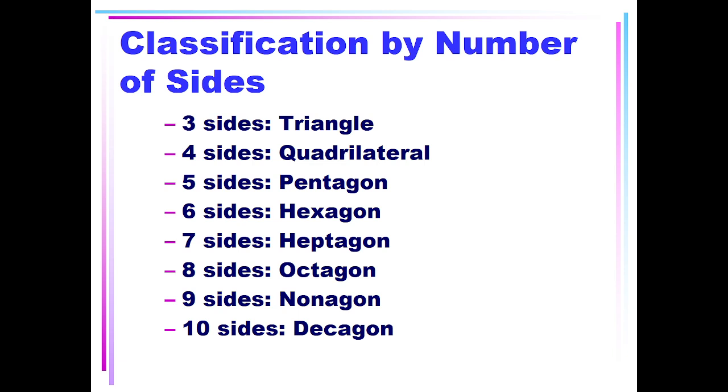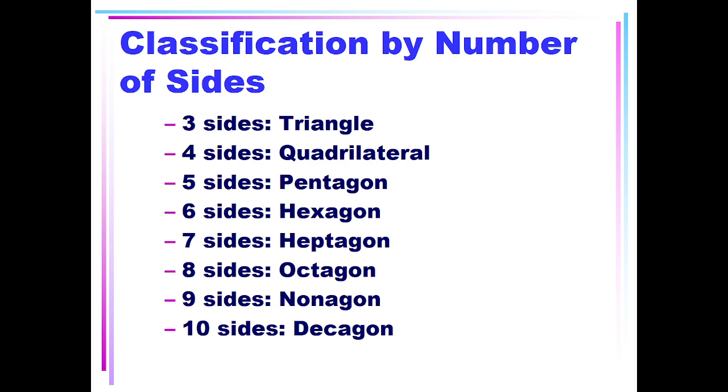Tri means three. So triangle means a polygon with three sides. Four sides is quadrilateral. So quadri or quad means four. Pentagon is a polygon with five sides.